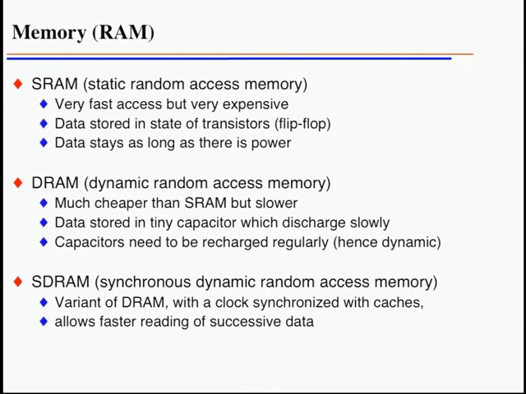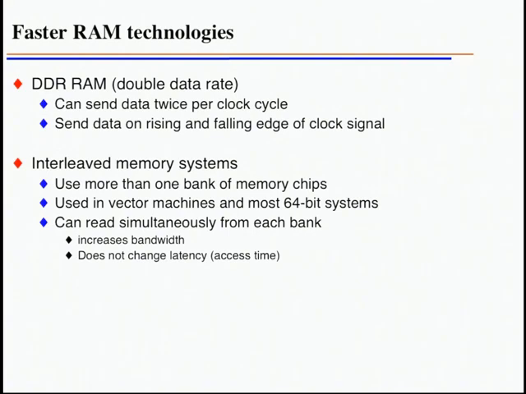And that allows faster reading. Also there's DDR-RAM, double data rate, and interleaved memory systems, which means you divide your memory into several memory banks, and you can read in parallel from these different banks. So DDR SDRAM and interleaved memory systems is what you usually have in the most current computers.